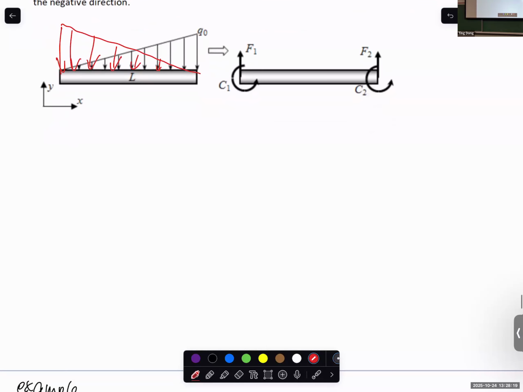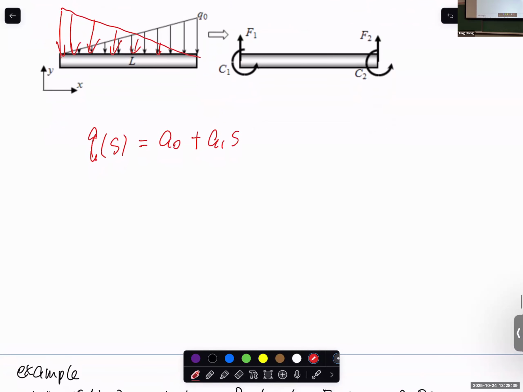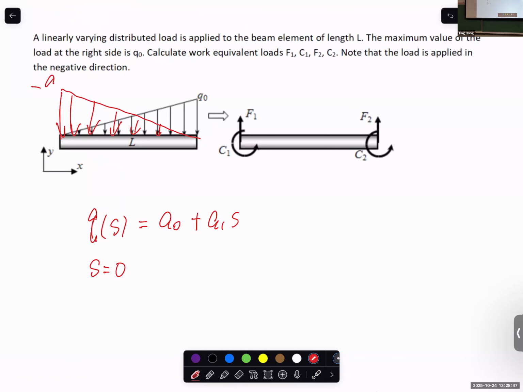Yeah. So the method, if you're not sure, you do not need to look at this straight line and get the function. You can still go through the standard procedure, right? So for a straight line, Q as a function of S, we should have a constant term and a linear term, right? And we know that at S equal to 0, which represents this end, let's say this point equals negative Q naught, right?